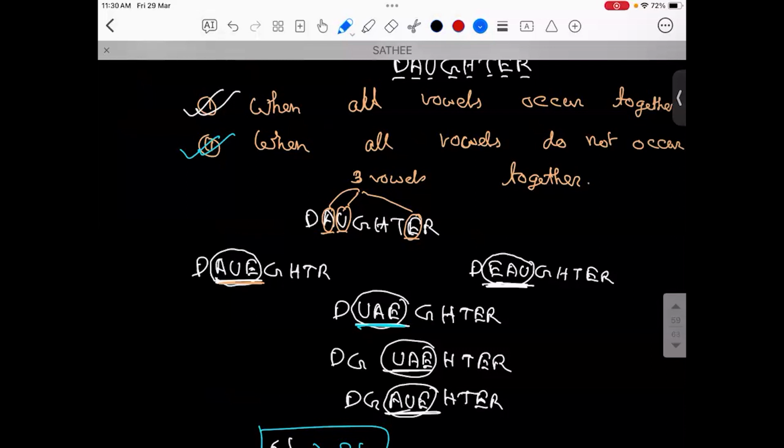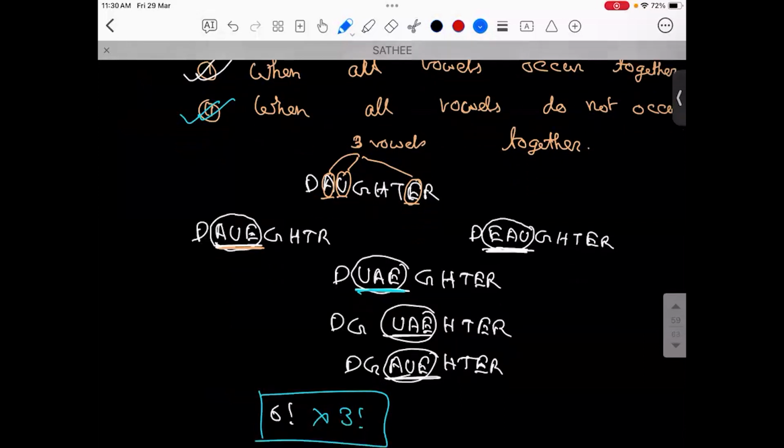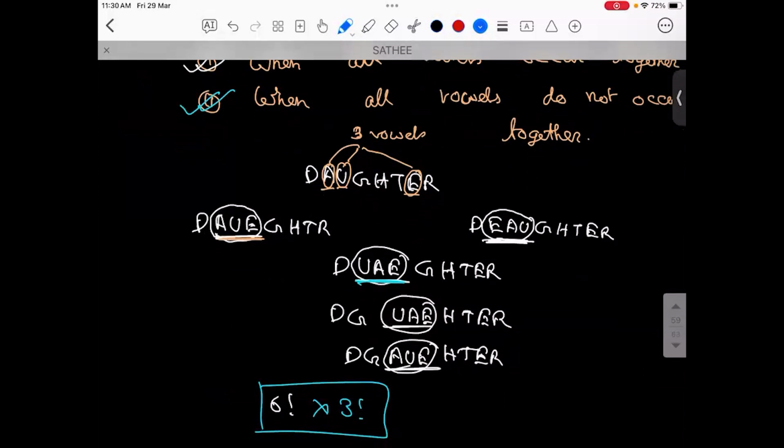I am choosing 8 letters from 8 objects, just like 8C8, and we get 8 factorial different ways of writing some word, without meaning or with meaning, using these letters. Among them, we already know that 6 factorial into 3 factorial cases have the vowels together. Those cases I will eliminate from the main cases.